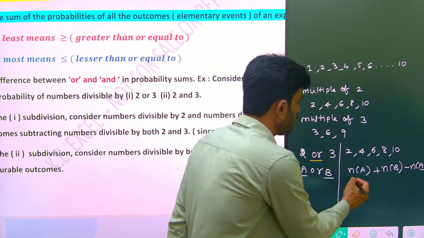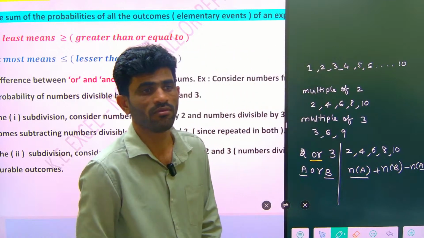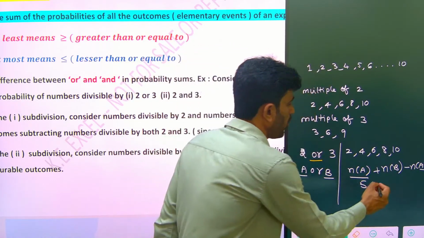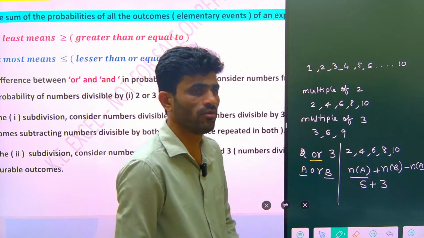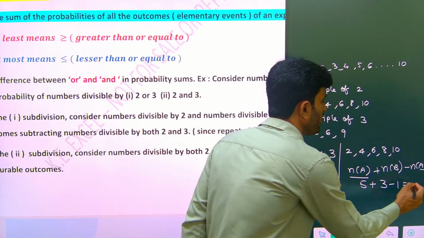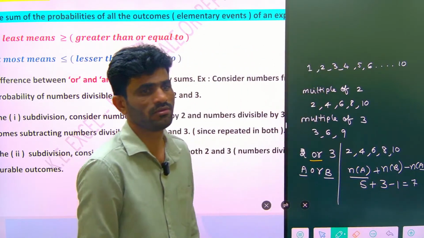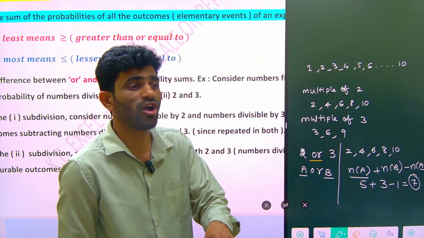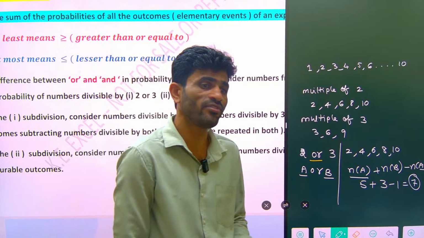How many multiples of 2 are there? 5. How many multiples of 3 are there? 3. How many common multiples are there? 1. Subtract it. So total how many we got? 7. So 7 is the favorable outcomes of getting a multiple of 2 or 3.